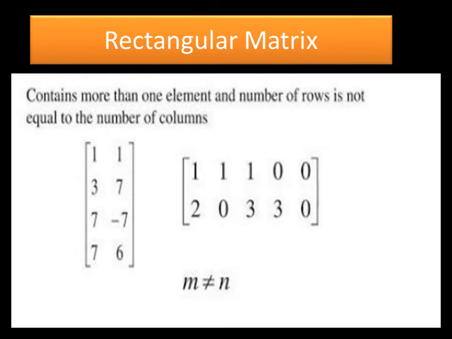In the second example, you can see here are 2 rows and 5 columns. Here also the number of rows and columns are different. So we can say this type of matrix is a rectangular matrix. Here M represents the number of rows and N represents the number of columns. In a rectangular matrix, M is not equal to N.